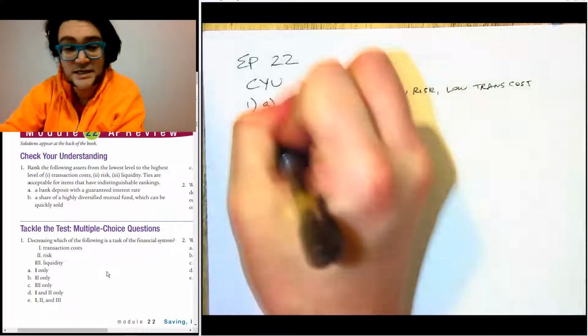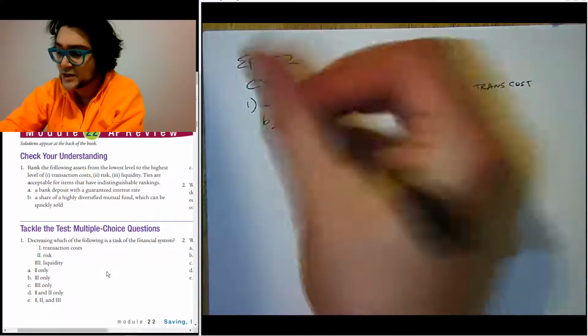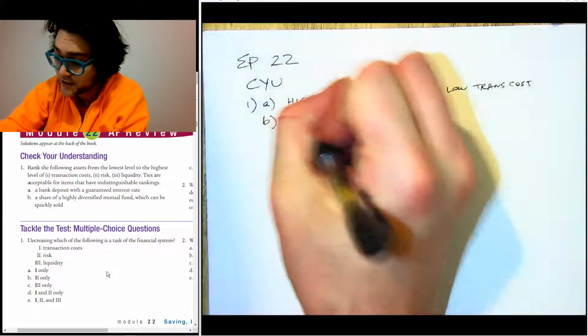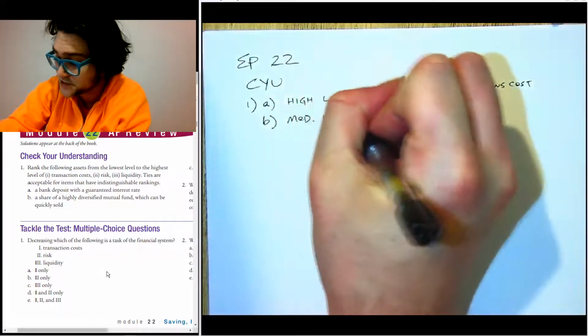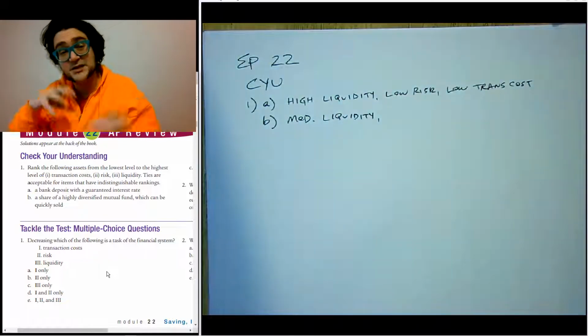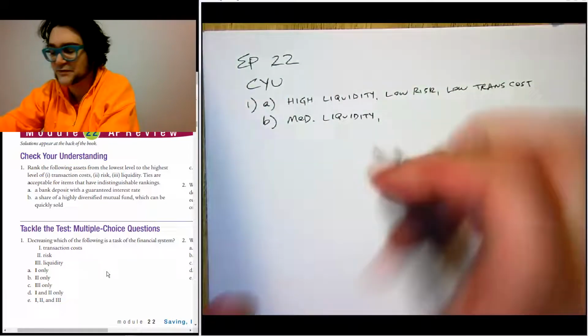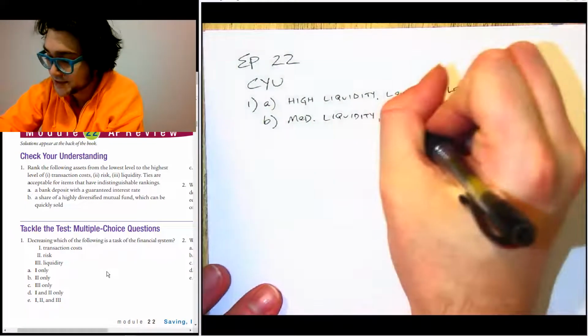B is a share of a highly diversified mutual fund, which can be quickly sold. So I would say that that's moderate liquidity. And the only reason I wouldn't defer to high liquidity, even though you can sell it quickly, is that you have to sell it and then you usually have to wait a day or two before that settlement clears and you get your actual money out of it. This is moderate risk, right?